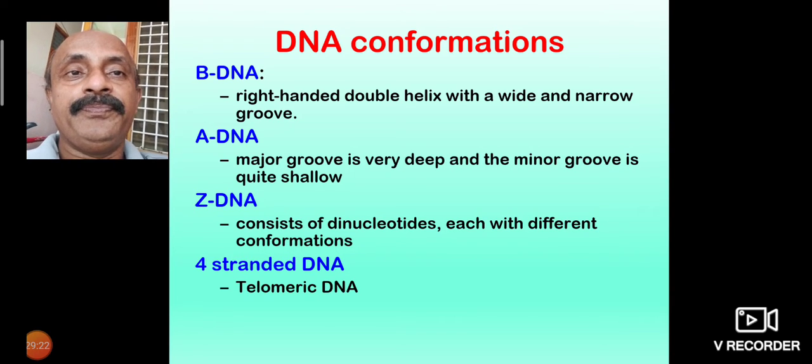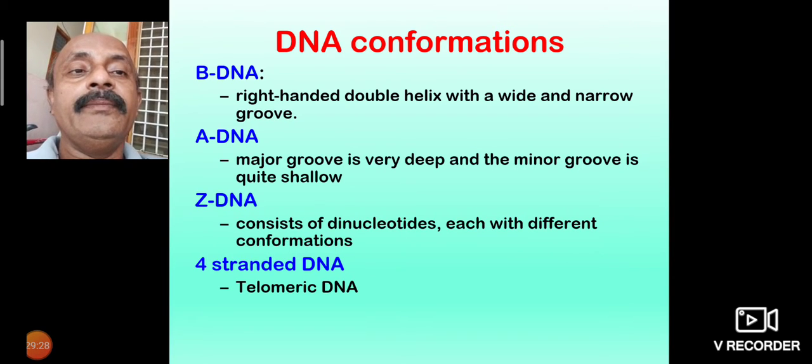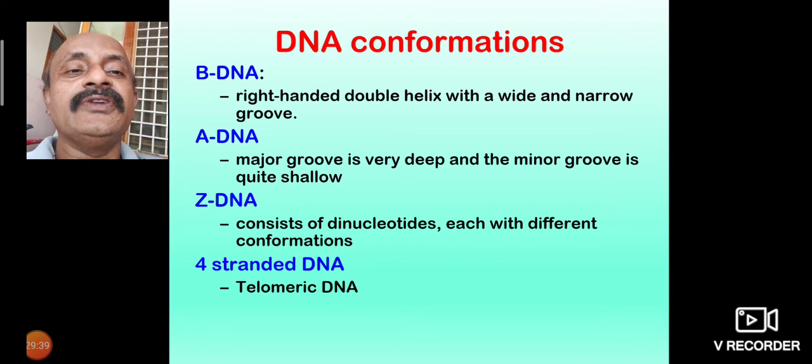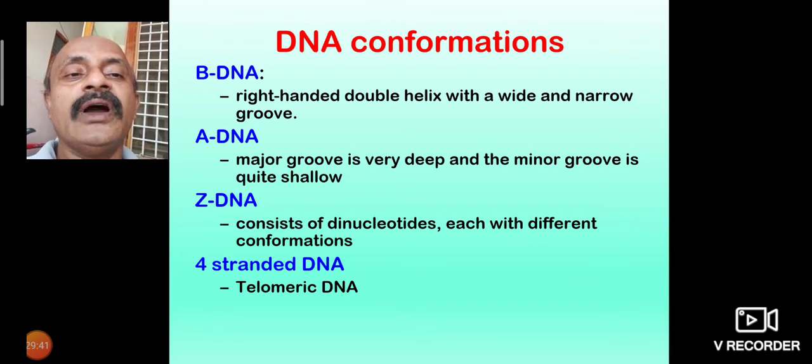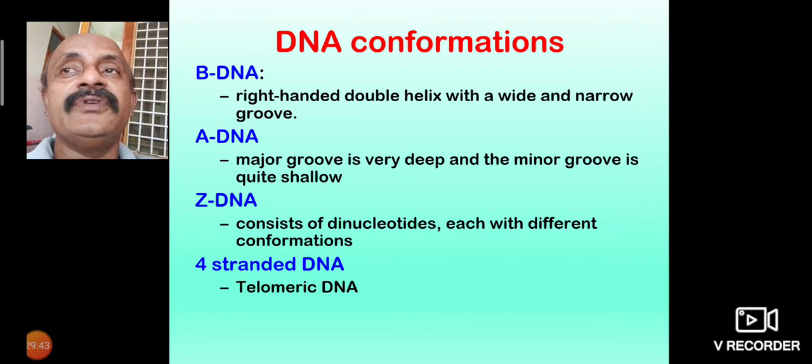B-DNA is the right-handed double helix with a wide and narrow groove. Then A-DNA's major groove is very deep and its minor groove is quite shallow. Z-DNA consists of dinucleotides, each with different conformations, in the strands of DNA.